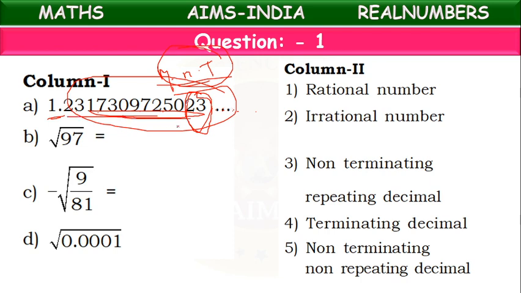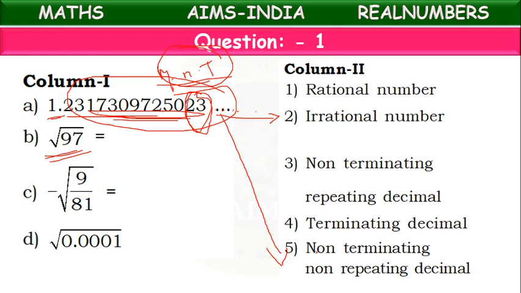So by observing this part, we can tell that it is a non-terminating, non-repeating decimal. Non-terminating, non-repeating means it's an irrational number. So two answers are possible.